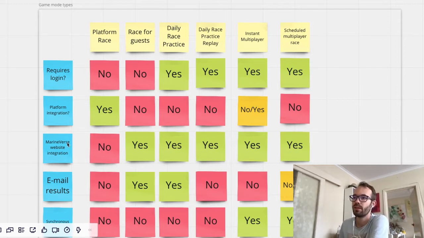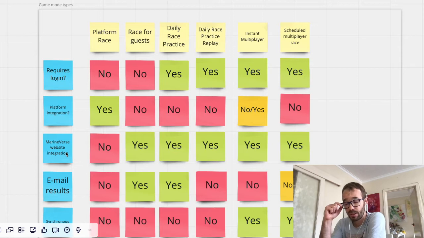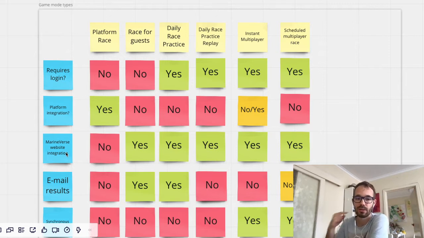So here, quickly, that's the opposite of the platform integration: is there an integration with the MarineVerse website, which means that you can find your race results on the MarineVerse website in your account. You can get some extra stats. It's sort of the opposite of what the platform was.